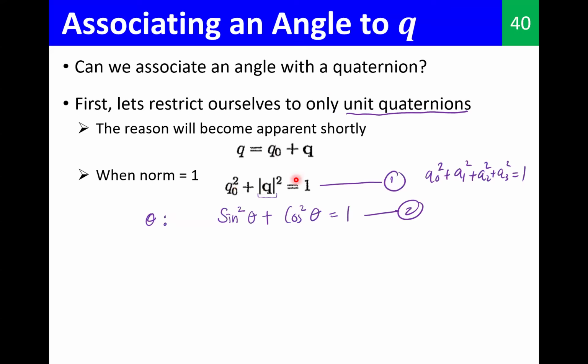So now you see there is some similarity between these two, right? Therefore, we can figure out a unique angle theta between minus pi and plus pi that satisfies this equation number 2, sine squared theta plus cos squared theta.